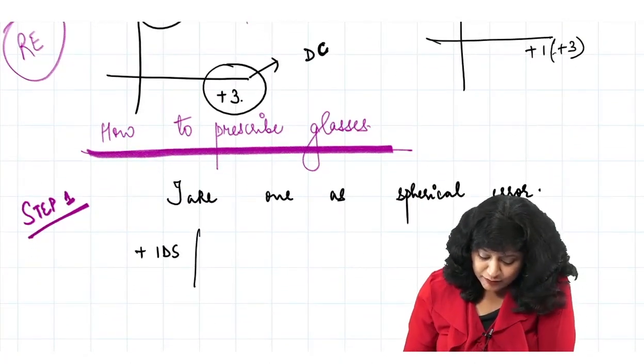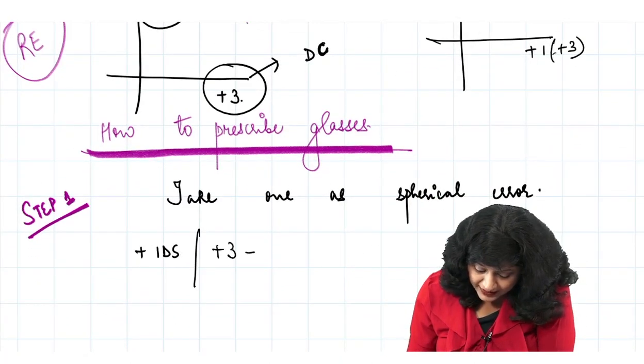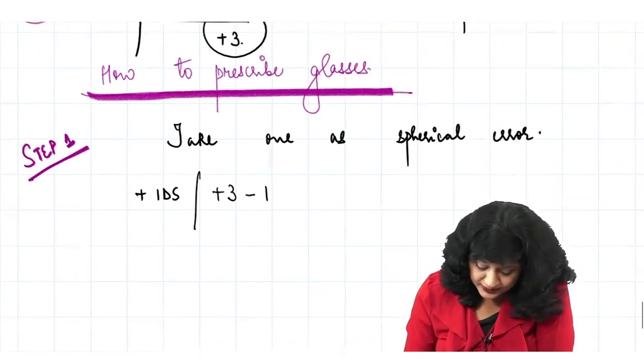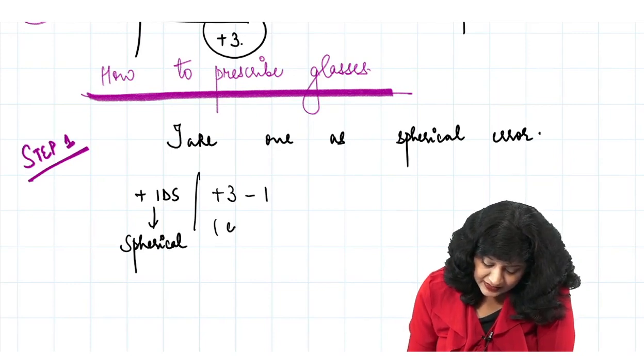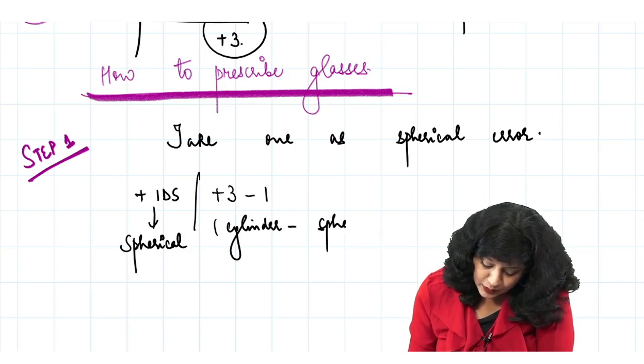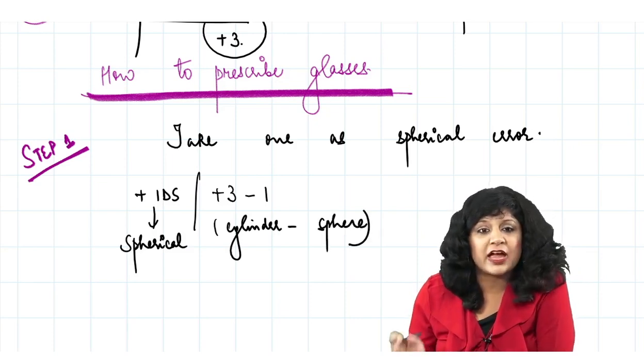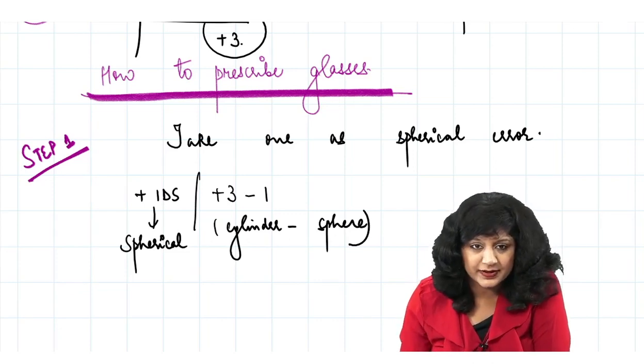So this will give me plus 3 minus 1. This is your spherical correction, and this is cylinder minus sphere, because sphere we have already given there, so I have to subtract it.